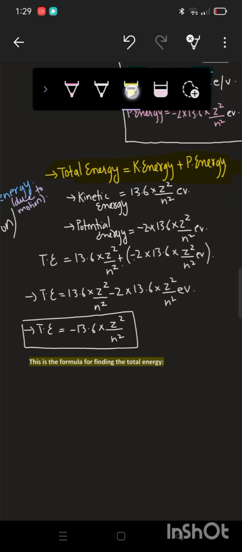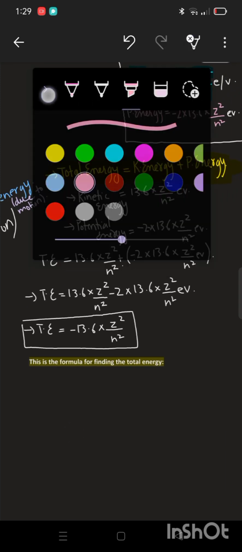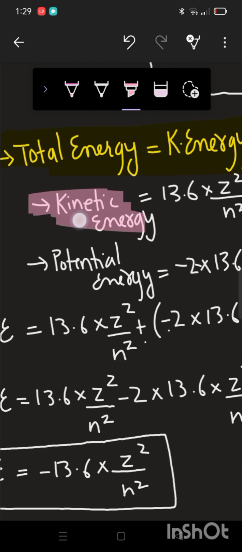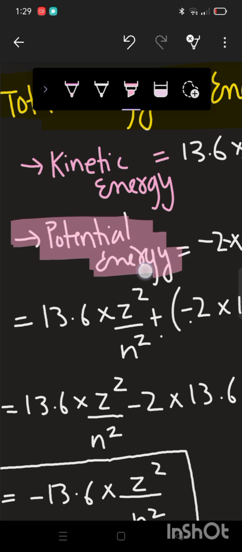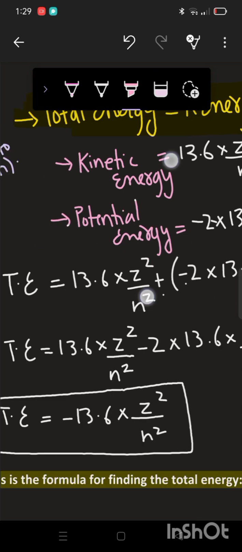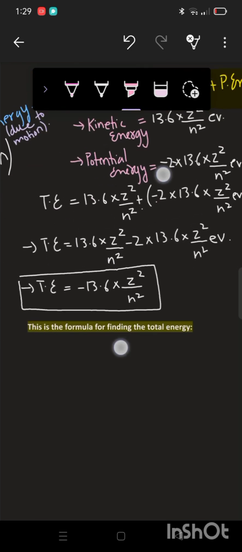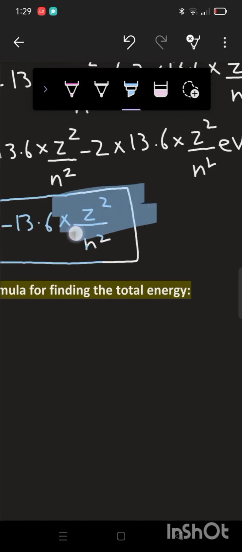What I found here is basically this: kinetic energy, potential energy. Now let me highlight this last one, which is the total energy formula. Okay, so this was all for today.